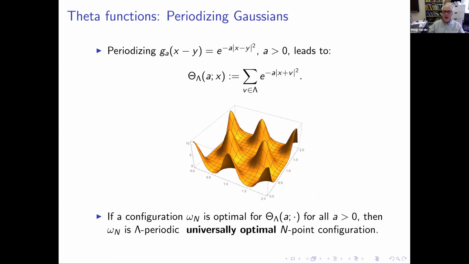I'm going to come back to this and show just a few, because our current work is on trying to establish certain universally optimal n-point configurations for certain lattices. But I don't have much to report on that right now.